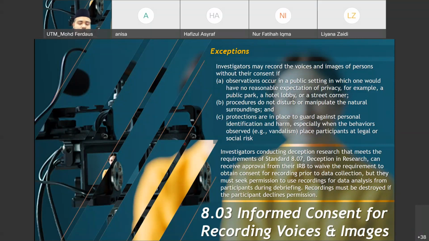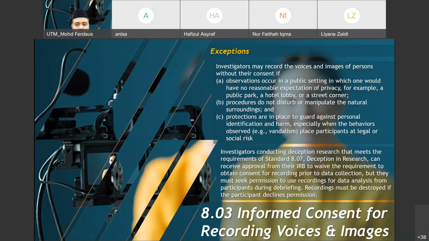So we don't have to ask for permission if it occurs in a public setting, like I mentioned, the quasi experiment. However, if you are showing their face or any information that can implicate the identity of the person, then you have to blur or cover that information, and then you have to inform them that basically you are doing research.